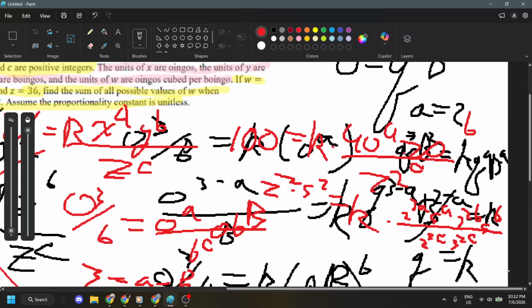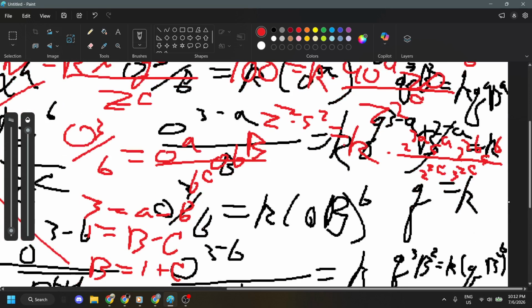And now this includes k, but we do get a ton more equations. Using the powers for 2, 2 is equal to, frick.